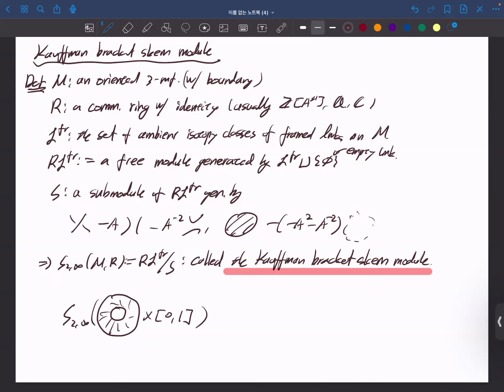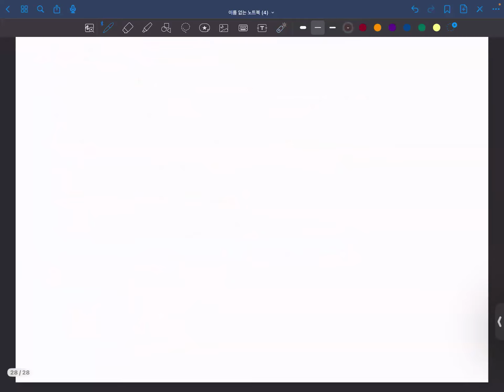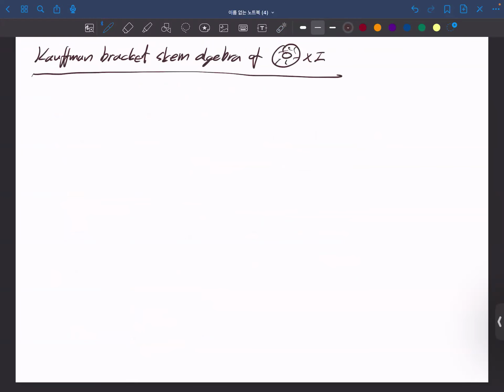But in the Kauffman bracket skein module of the annulus times [0,1], actually we can define a multiplication and we can make the skein algebra of this space.